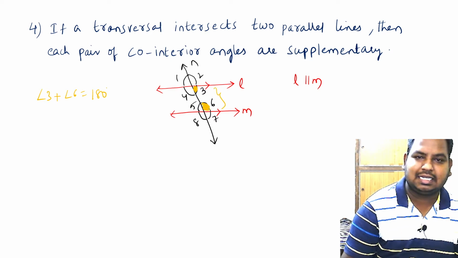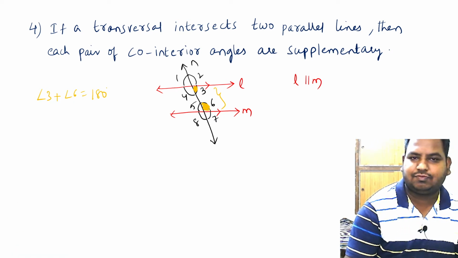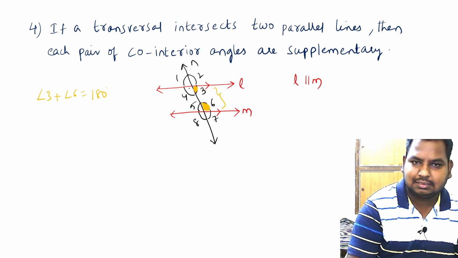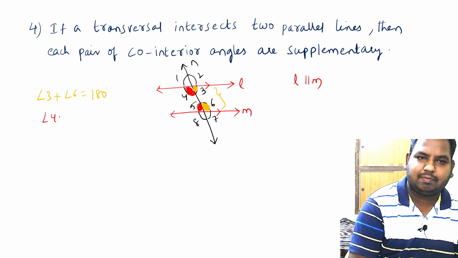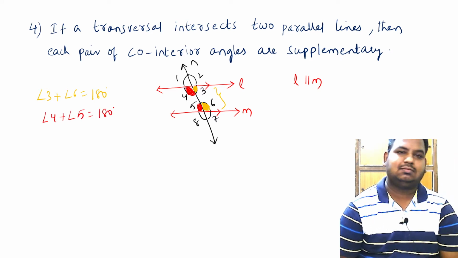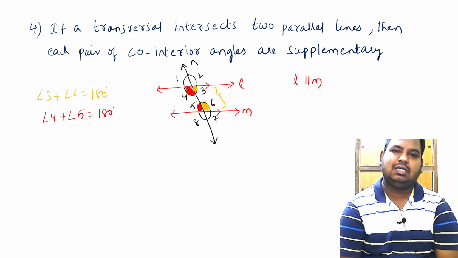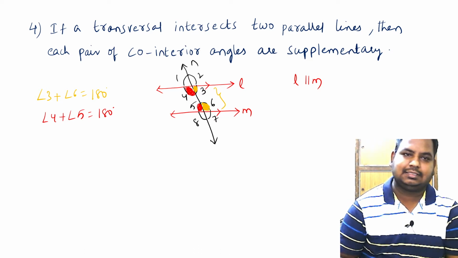Next, which is the second pair of co-interior angles? Second pair is angle 4 and angle 5. So angle 4 plus angle 5 will be equal to 180 degrees. That means the sum of two co-interior angles is 180 degrees.